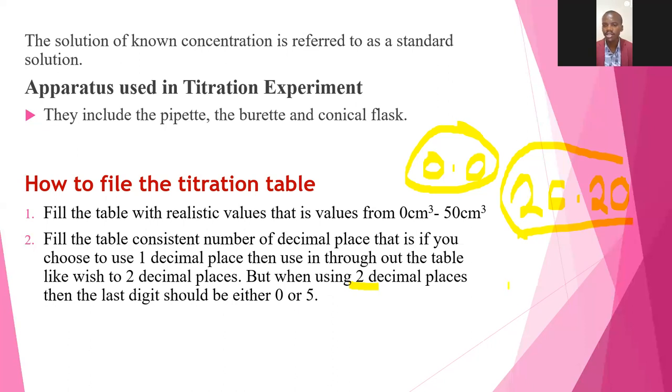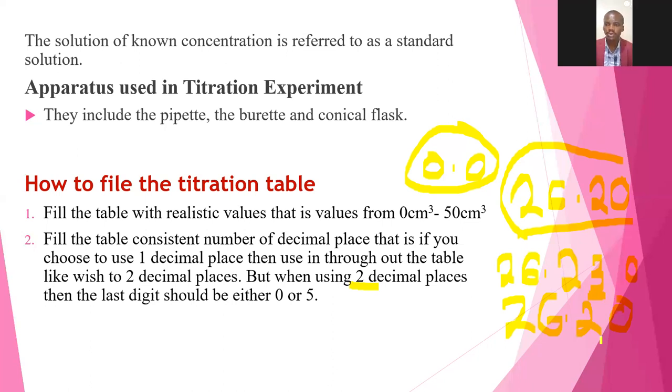You can't write 26.23 or 26.27 or 26.29 or 26.28. The last digit should be either 0 or 5. That is 26.20 or 26.25.